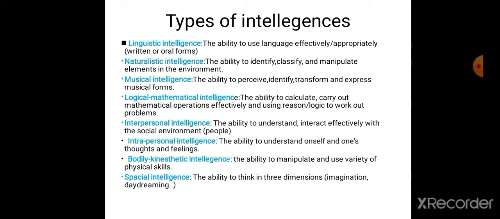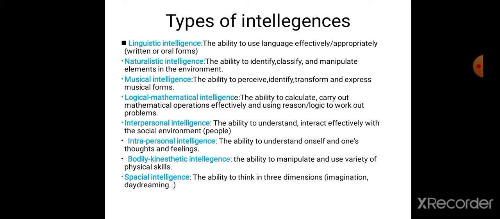As you know, all humans are intelligent. No one is stupid, actually. So the difference is that everyone has a different type of intelligence, is unique, has a special intelligence or ability.